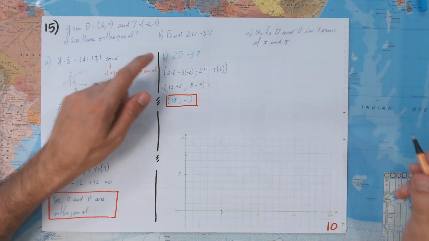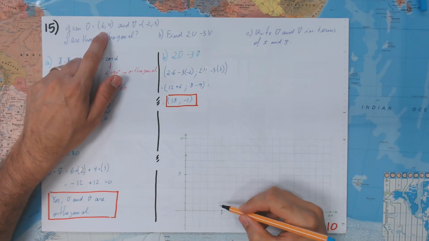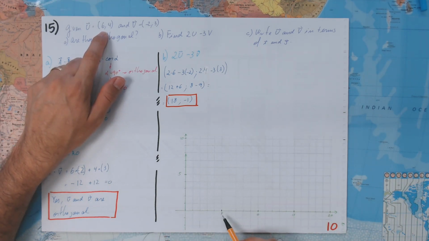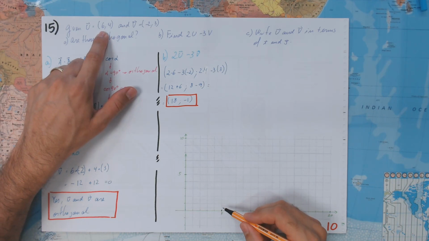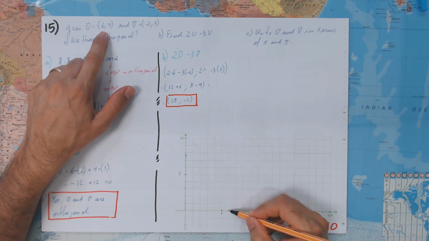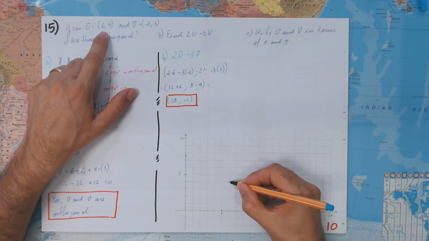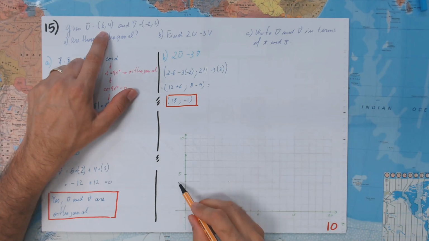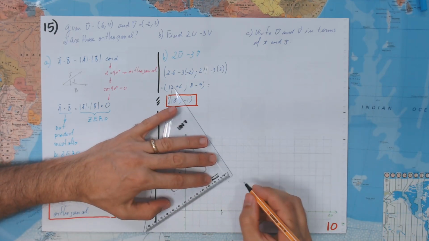That's what it means. So what is u? It is 6 to the right, and 4 up. Up to here is 5, 5, 10, 15, 20, and 5, 10. Those are the numbers. It's going to be 6 to the right and 4 up. It's going to be this one, 4 and 6. So this is going to be one vector.